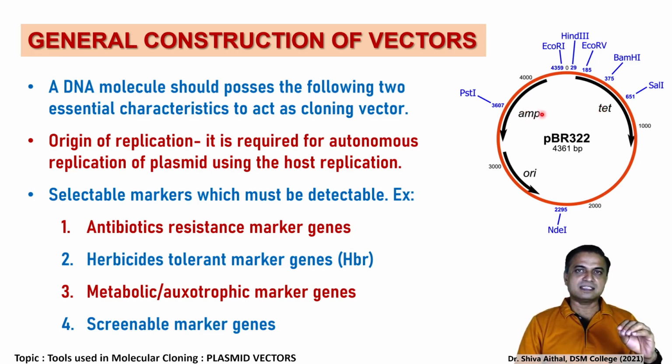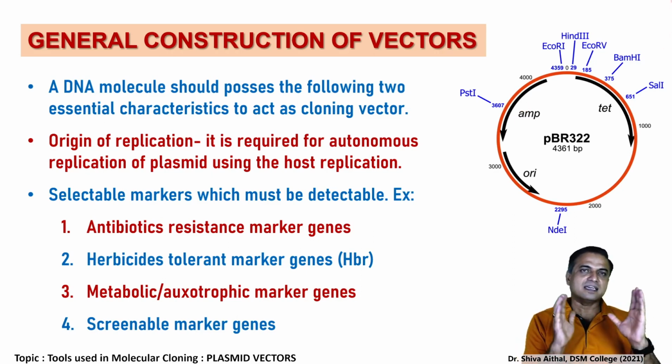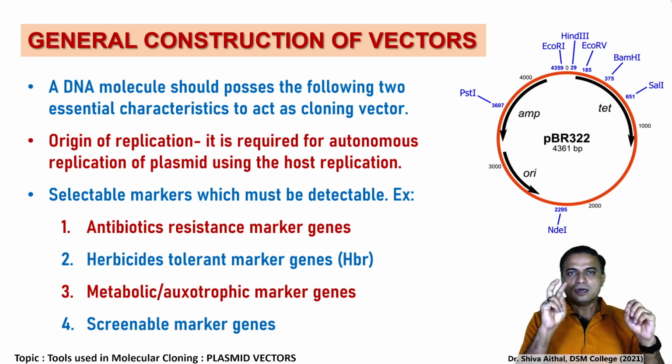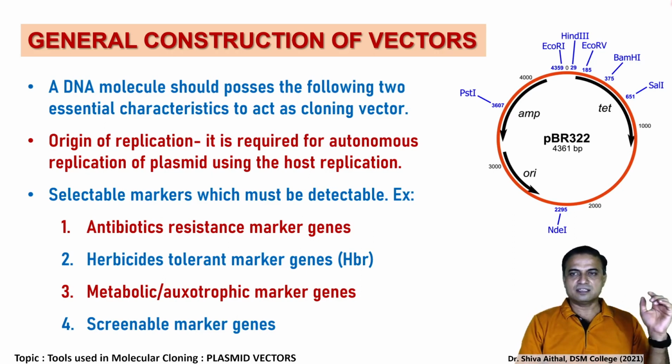These are selective markers or counter selective markers. What are selective markers or counter selective markers? For your understanding, remember these are two different antibiotic resistant genes. Both are antibiotic resistant genes. Now see, this is ampicillin resistant, this is tetracycline resistant. See the figure on your screen.